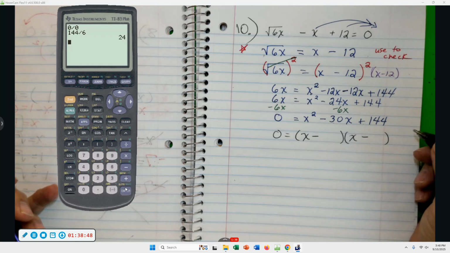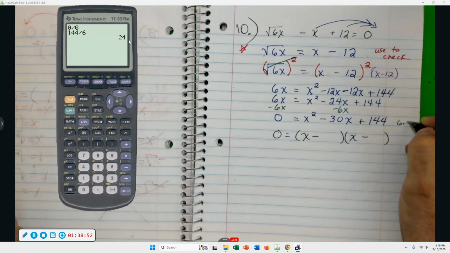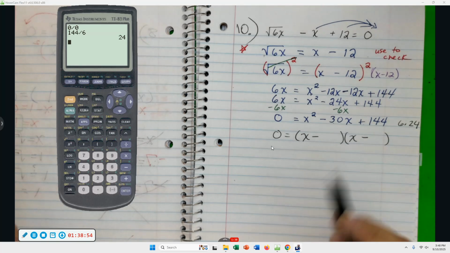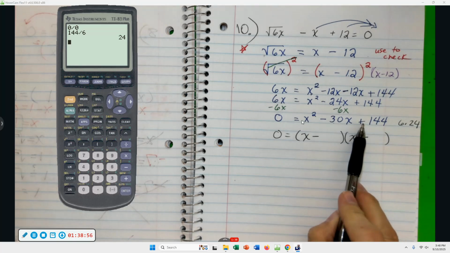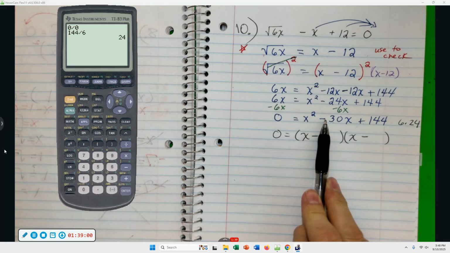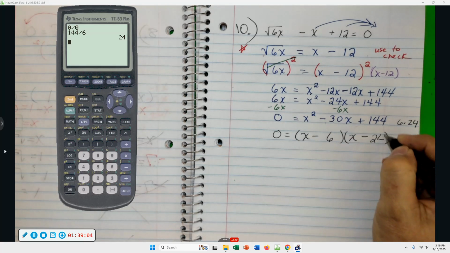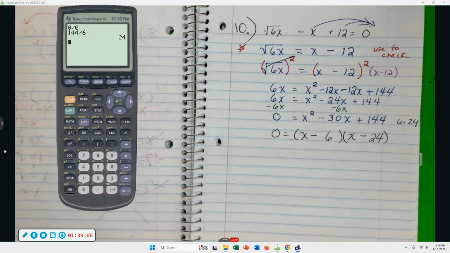There it is. 6 times 24. Remember, you need the pair since it's a simple trinomial. Choose the pair that adds together to give you 30. I think it's 6 times 24. Now, do y'all agree with the factoring?